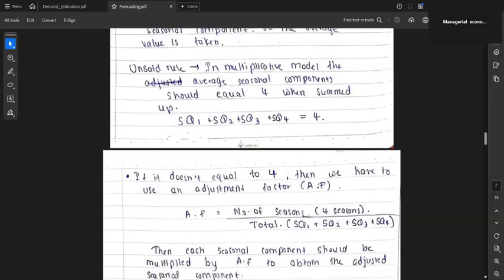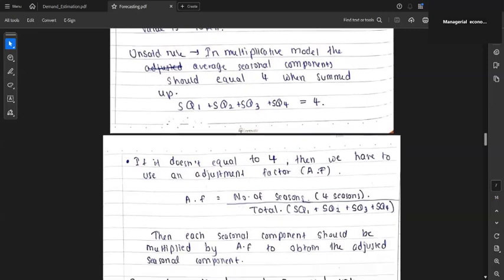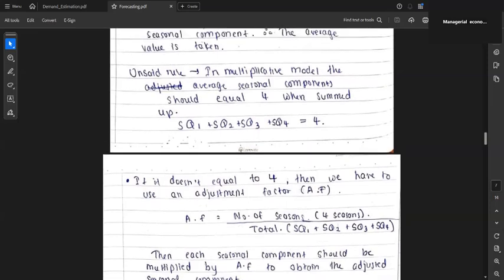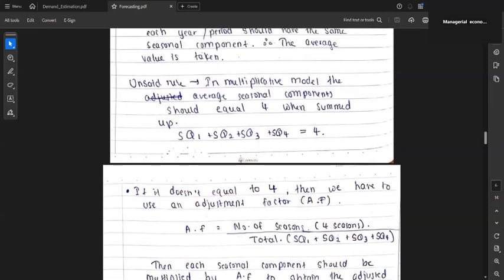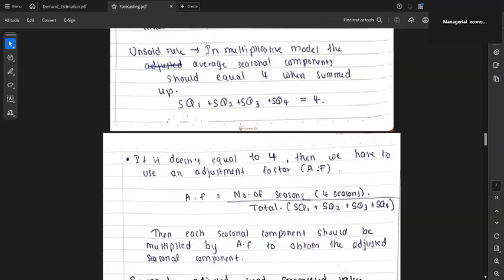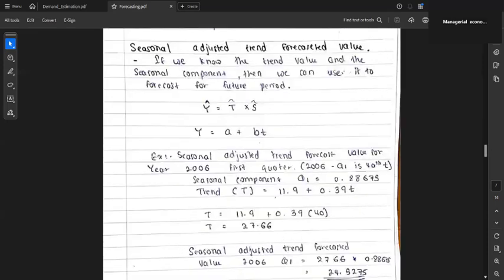To perform the seasonal adjustment, we want a particular season in each year to have the same value, no? So what we have to do is add them up.